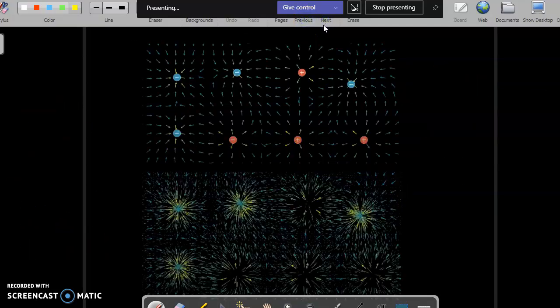So I will give you some idea about the divergence, and here we can see that there are many charged particles scattered over the space, and the arrow represents the direction of the vector fields. So vector field is moving from positive charge to negative charge, and like charges repel and unlike charges attract.